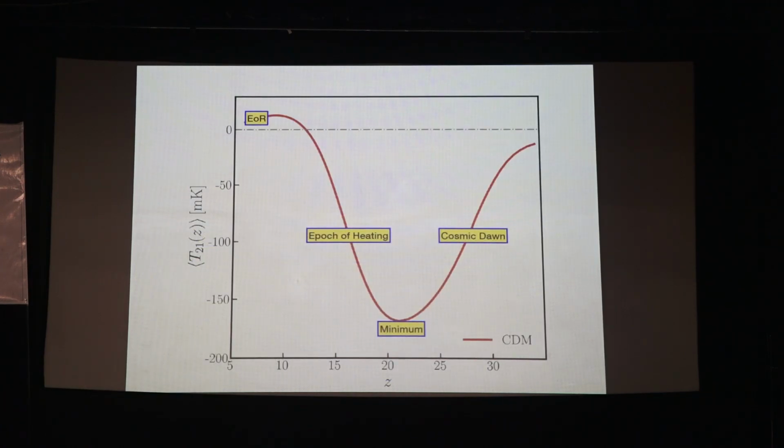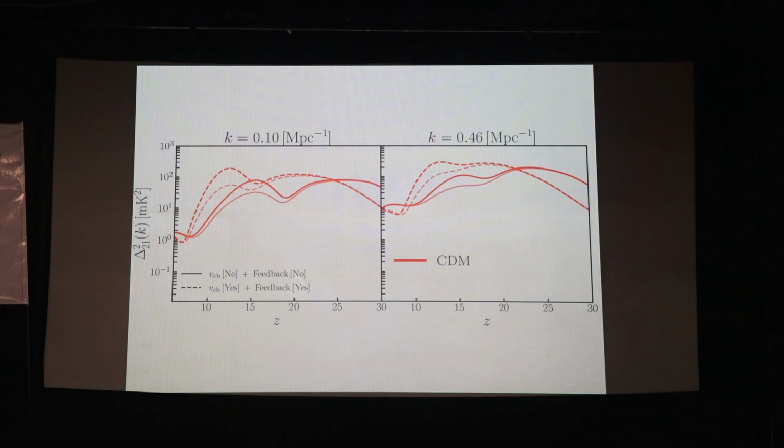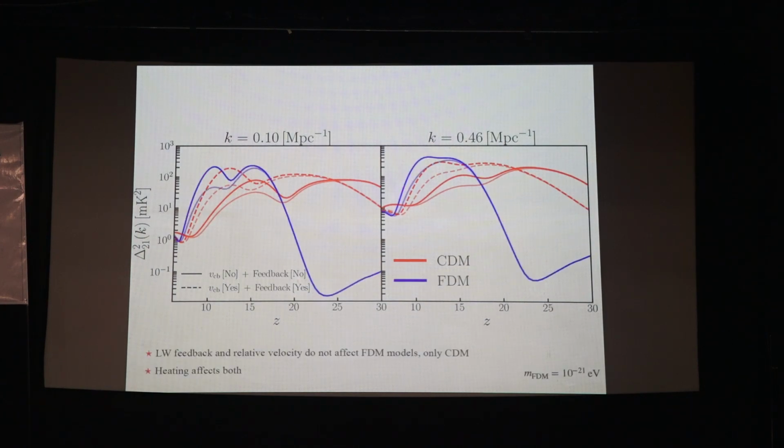This is one such plot I wanted to show. If you introduce fuzzy dark matter into the calculation, then you see that things get delayed because the structures are washed out, and cosmic dawn is shifted. So this is an example. And for the power spectrum, it does the same. It further shifts the signal.